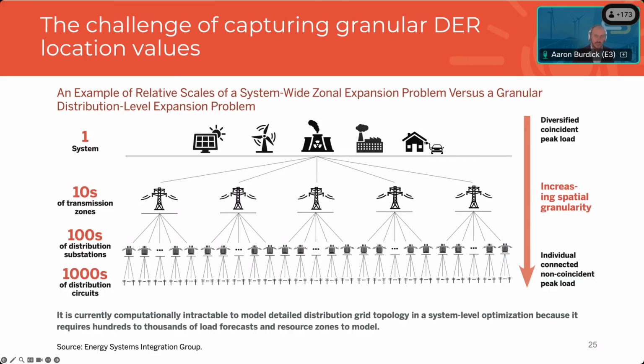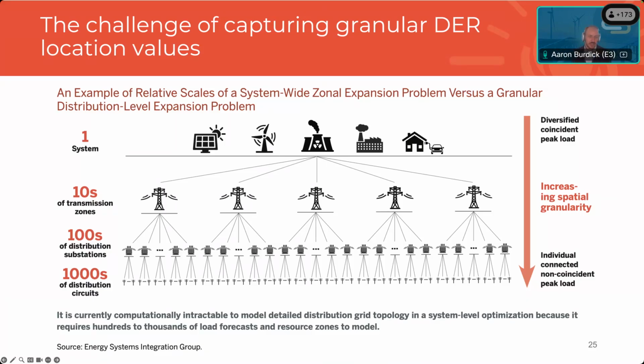So if we have a single zonal system optimization, that is one load forecast, it's one set of dispatch that we need to model. If we want to break that up into multiple transmission zones for bulk grid co-optimization, then we have to develop a load forecast for each of those transmission zones and a resource potential forecast and study storage dispatch within each of them.